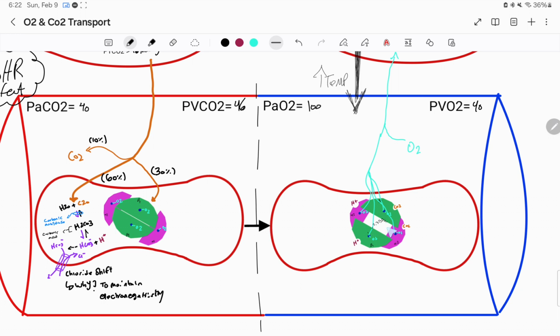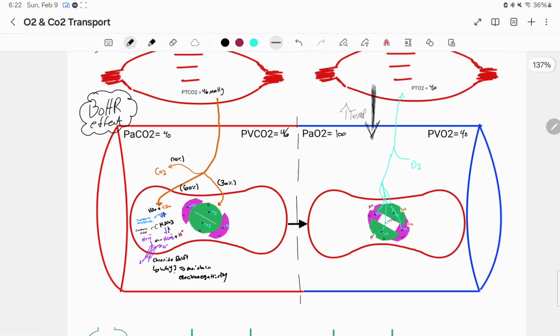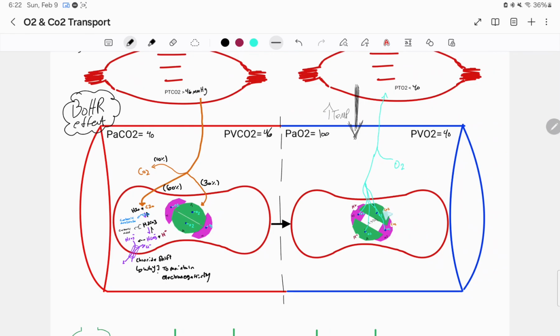And you can see this because of the way it's changed its shape now. Awesome. And incidentally, you might be wondering, why can't the 2,3 BPG bind at this stage? Well, it's because these guys are literally closed. The pocket between them is closed. So that's what was happening at the level of the tissues.